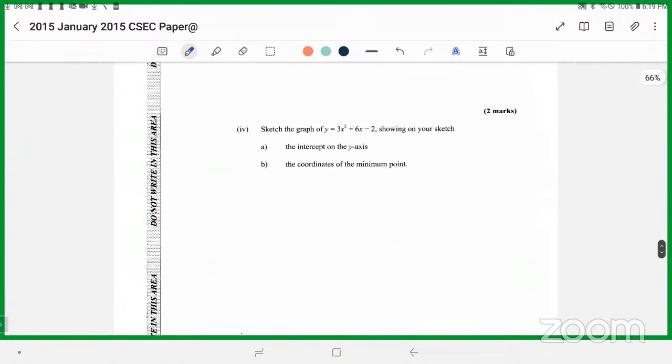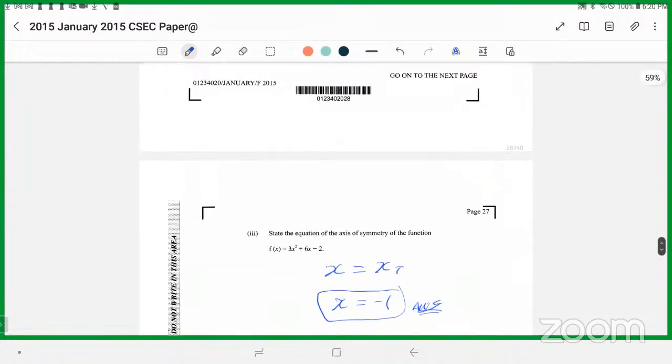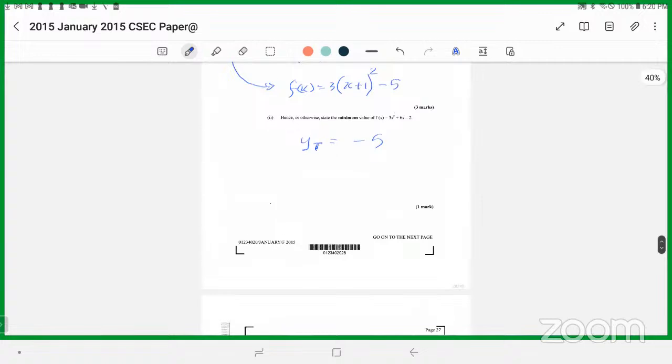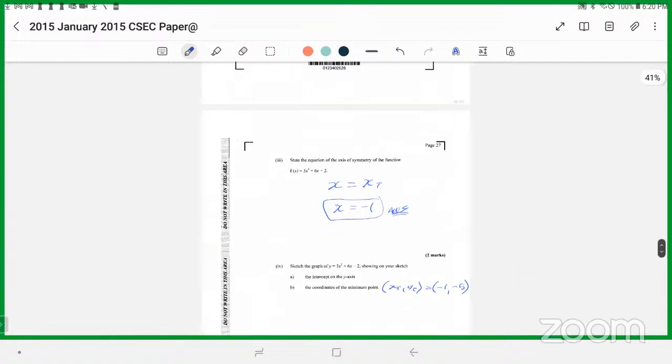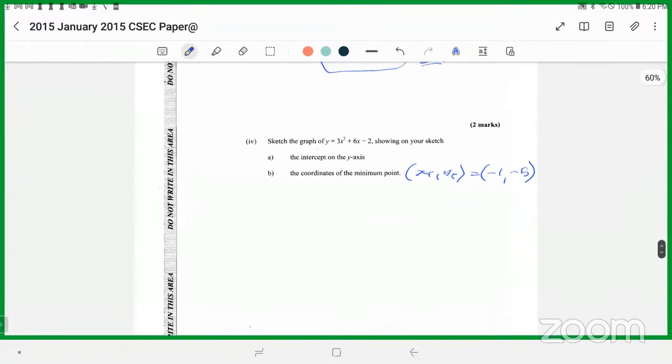Sketch a graph showing the intercept with the y-axis and the minimum point. First, the minimum point is (x_t, y_t), which is (negative 1, negative 5). The graph is going to have a smile shape, where the minimum point is this.